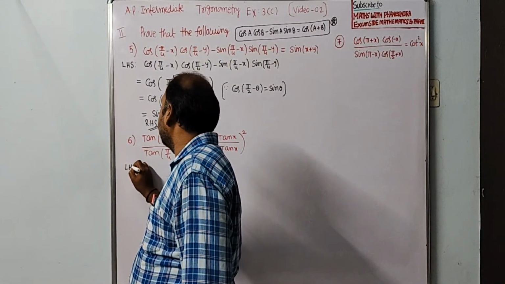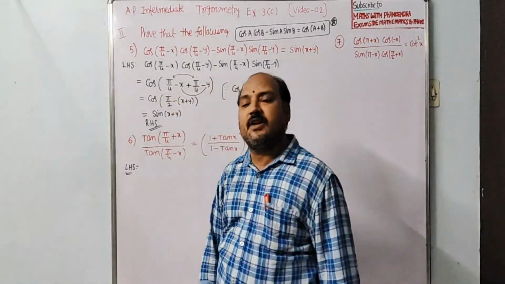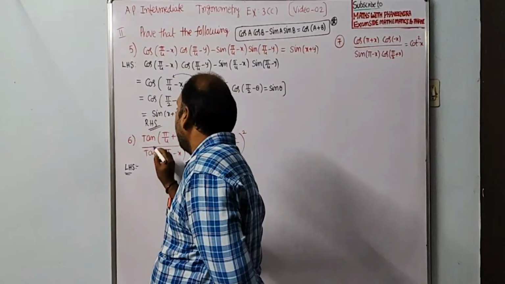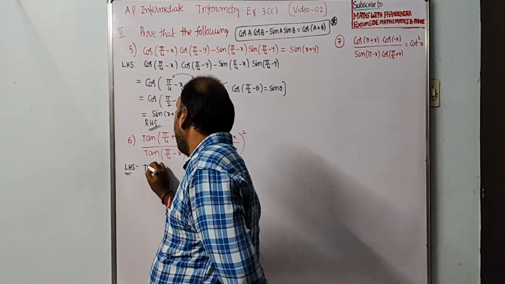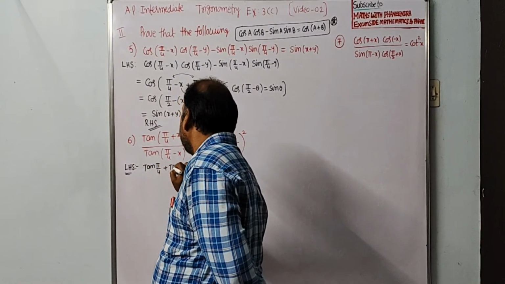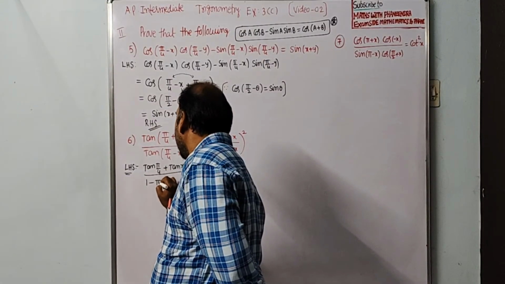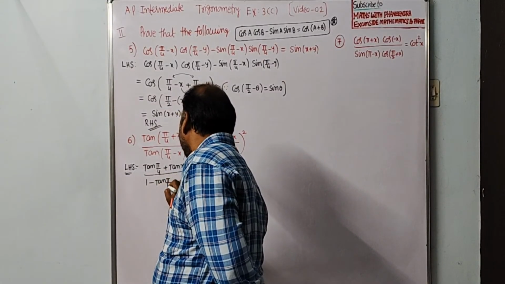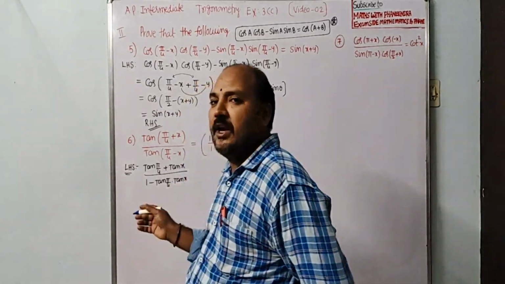In the LHS, we know the formula for tan of pi by 4 plus x. So tan of A plus B formula, tan pi by 4 plus tan x divided by 1 minus tan pi by 4 into tan x. Generally, I am writing the formula, otherwise directly also.